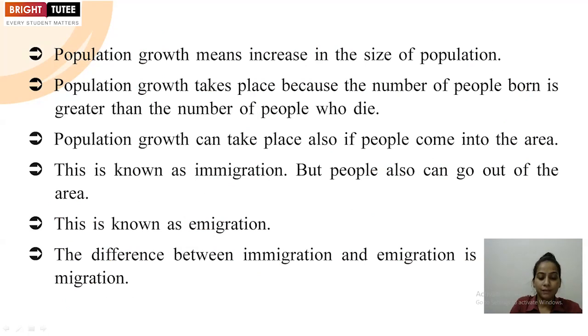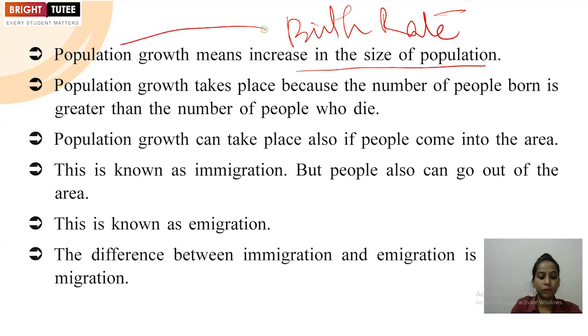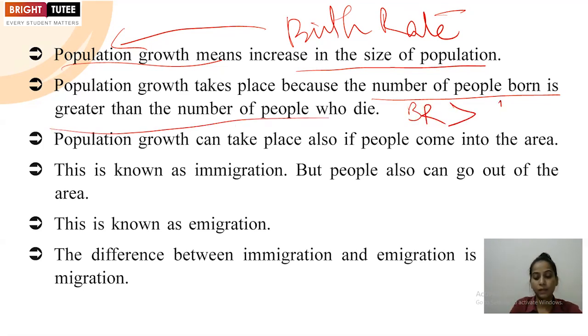Population growth means an increase in the size of the population, the number of people increasing. The birth taking place in the country, a high birth rate, can lead to that population growth. So a high birth rate is always one of the factors. It takes place because the number of people born is greater than the number of people who die, meaning the birth rate is more than the death rate.